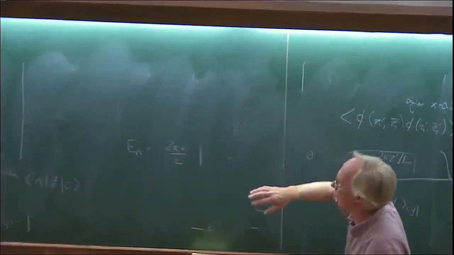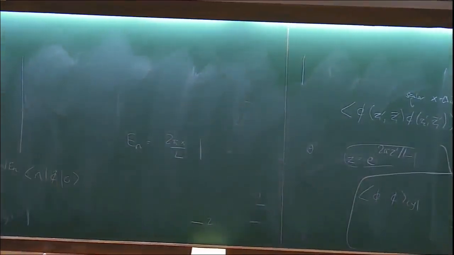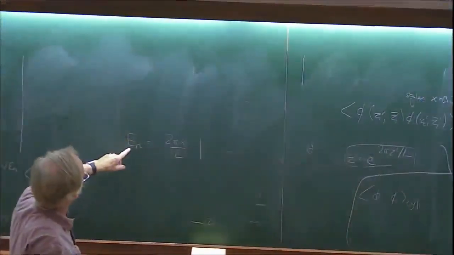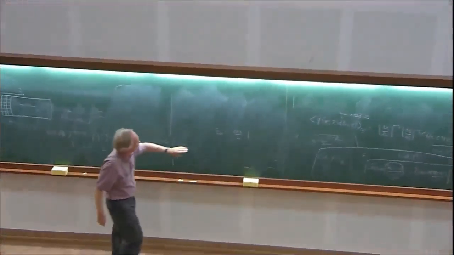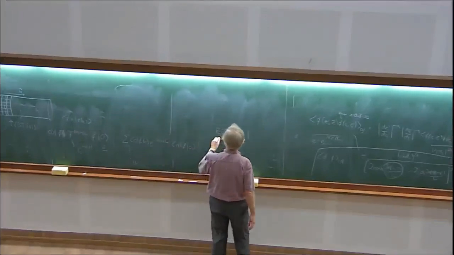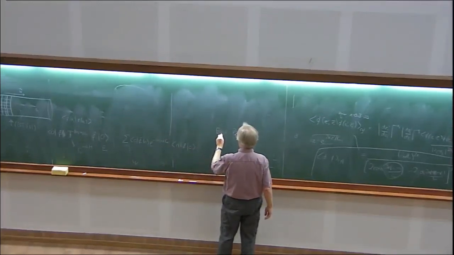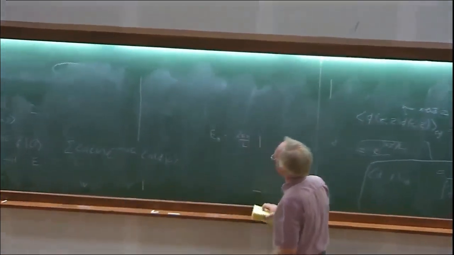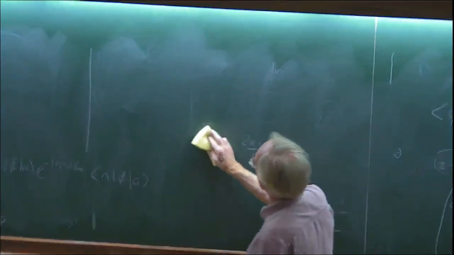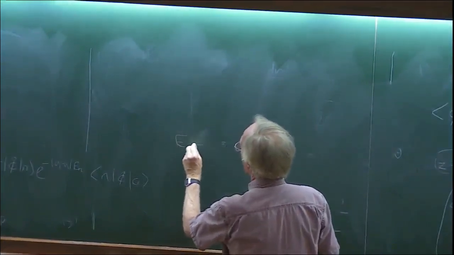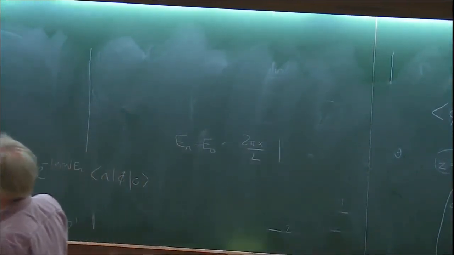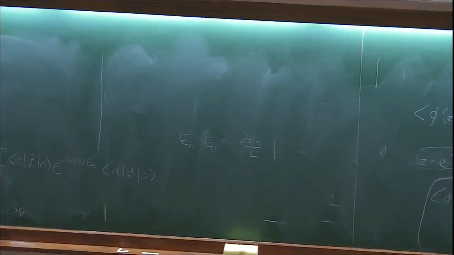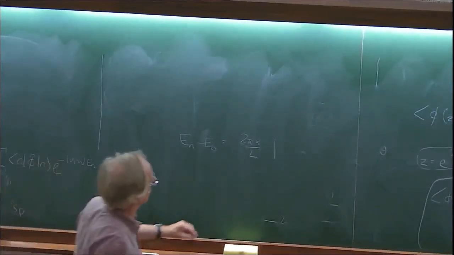It tells us that for each scaling operator phi with a scaling dimension x, there corresponds an eigenstate of the transfer matrix, or equivalently the Hamiltonian, with an energy which is given by this formula here. Now, I've cheated a little bit. It should be the gap. So it should be the energy of the excited states above the ground state, because here I've assumed that the ground state has zero energy.